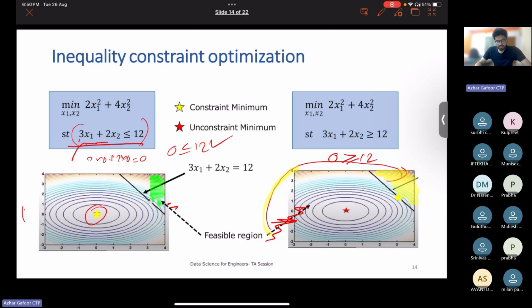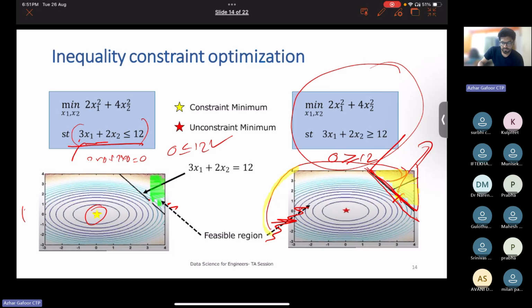Whereas in case of this problem, since the feasible region is somewhere here, the minimum will be this point, which should be equal to the equality constraint problem. If it was a maximization problem, then it will be somewhere in the infinity. But in this case, since it is a minimization problem, the point lies on this line. So it will be equal to the equality constraint problem.